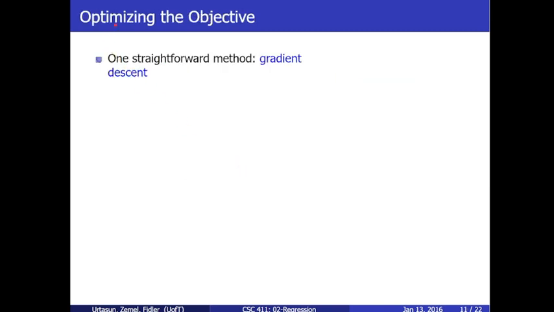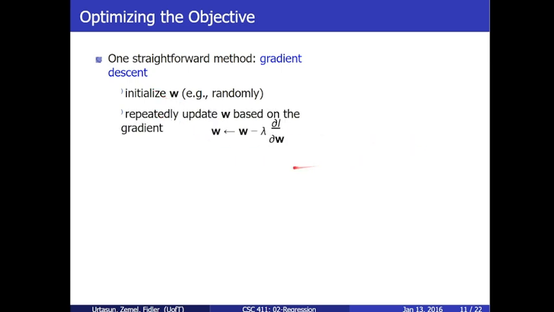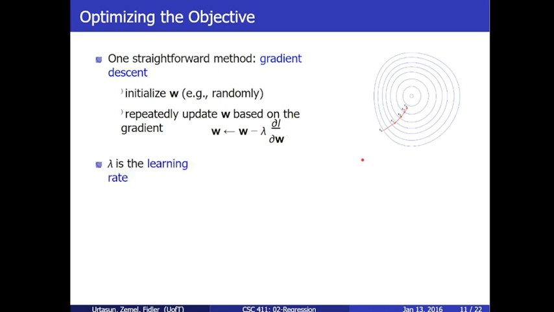Optimizing the objective: one straightforward method is gradient descent. Initialize w randomly. Repeatedly update w based on the gradient with this formula. Here we'd have to use a bit of calculus, which is what this derivative is, but we'll go into that later.